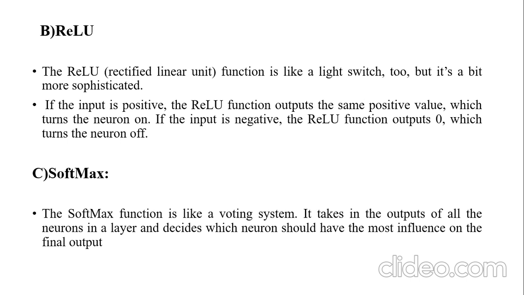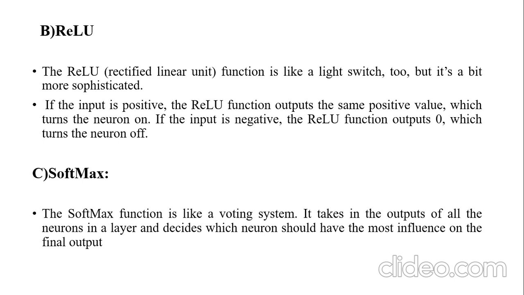And ReLU. ReLU is also like a switch, only somewhat more complicated. If the input is positive, the ReLU function outputs the same positive value. There will be some equations, which we will discuss later. If the input is not positive, the ReLU function gives an output of 0, which turns the neuron off.